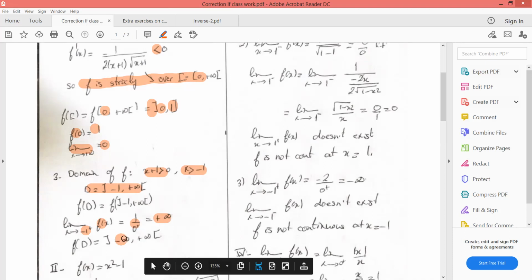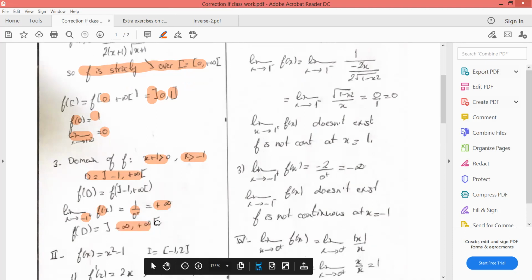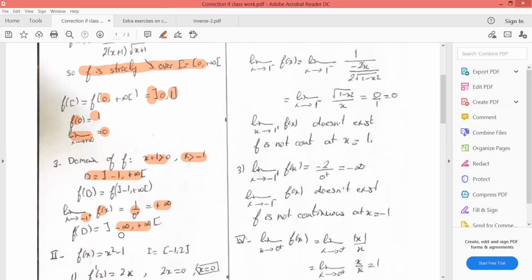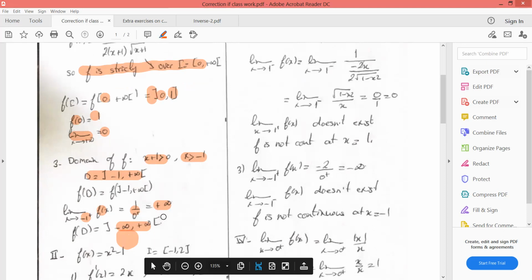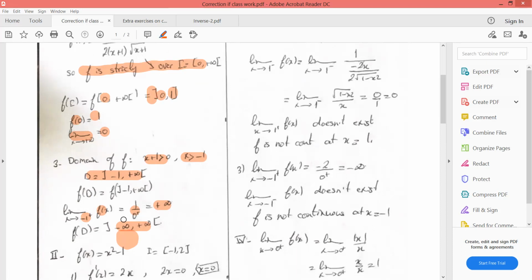How do we arrange them in order? What should come out here? This is not correct. It is open bound at 0, so the interval is open at 0, not minus infinity; this should be 0. So the interval is 0, plus infinity, opened at 0. Okay, we got 0, plus infinity as the image of the interval.